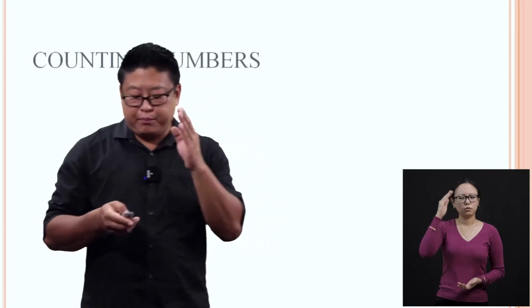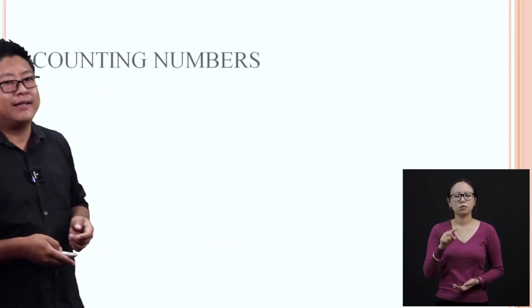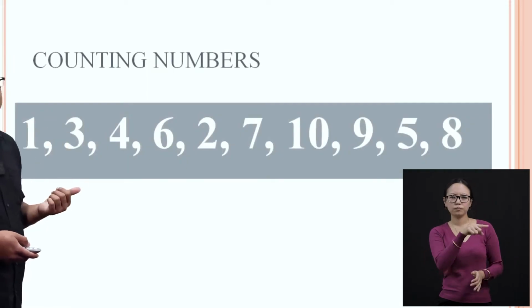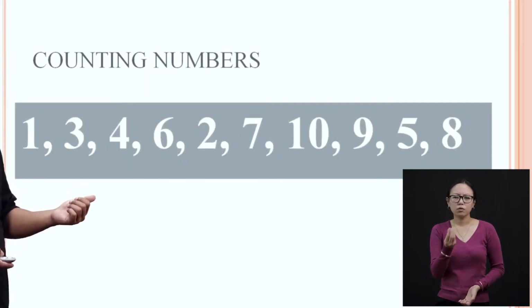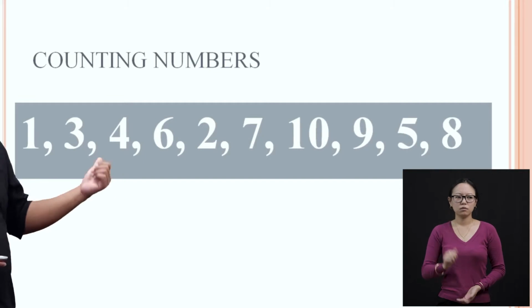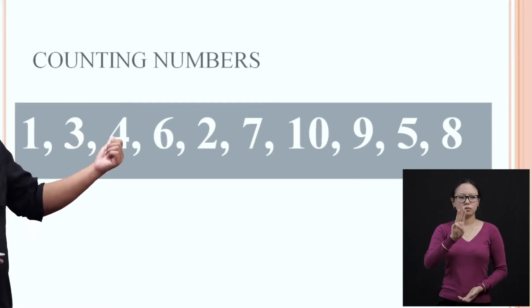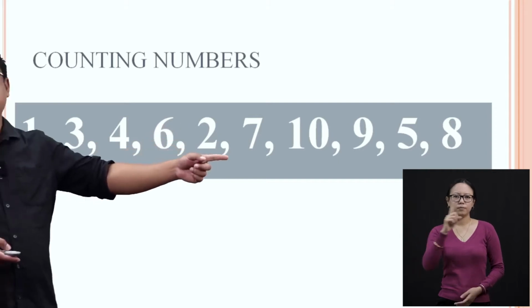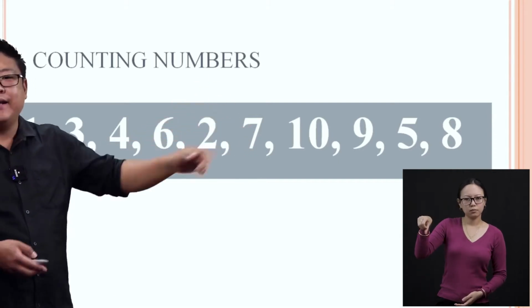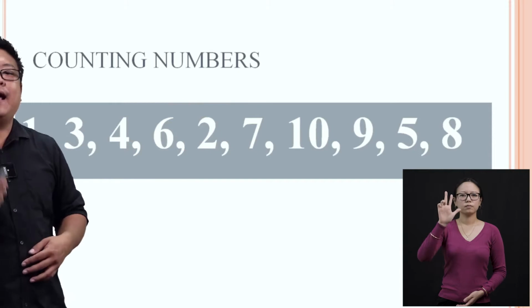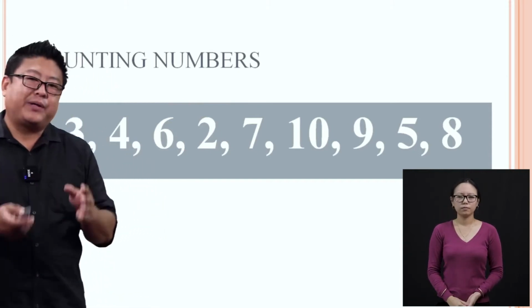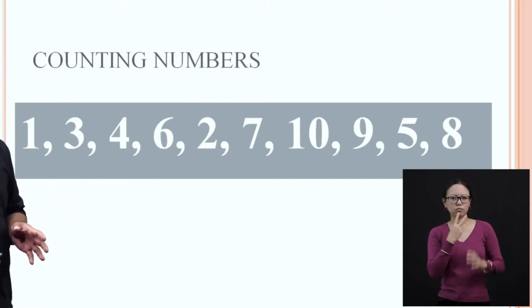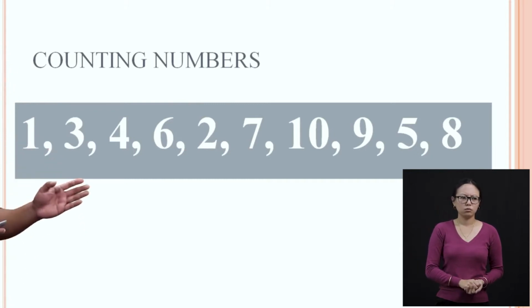Okay? So before we go there, let's try to look at this picture behind me. I have given a series of numbers here: 1, 3, 4, 6, 2, 7, 10, 9, and 5, and 8. As you can notice, these numbers are unorganized. You do not count in this manner, right?